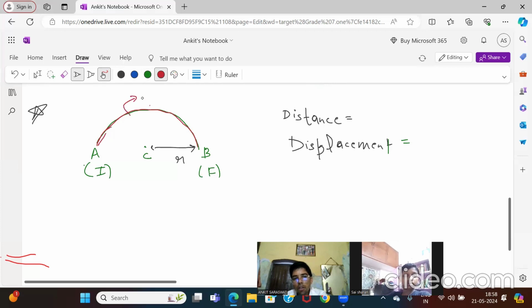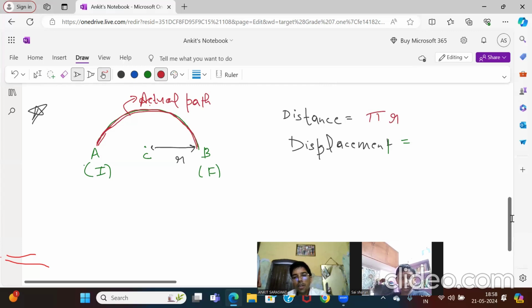This is the actual path. If this is the actual path, then how much is this length? This is the perimeter. What is the perimeter of a semicircle? Pi r.